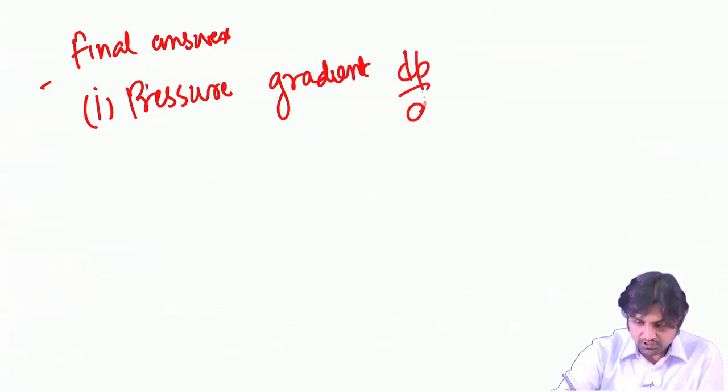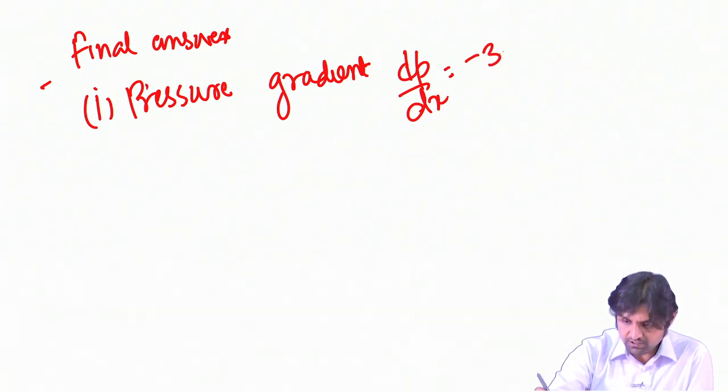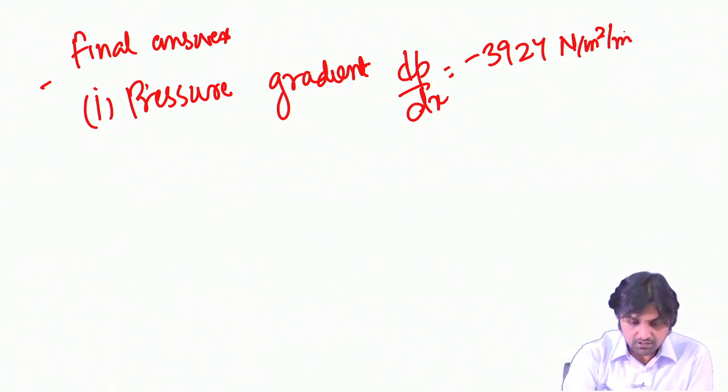Okay. So, the final answers are, the first one is the pressure gradient that was required, dp dx came out to be minus 3924 Newton per meter square per meter.